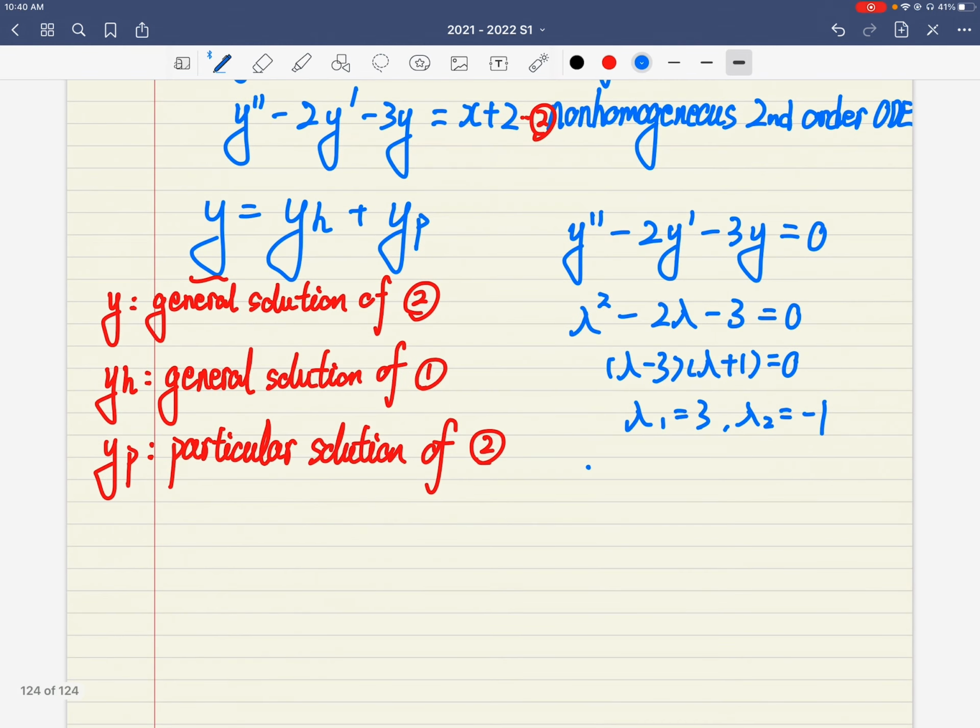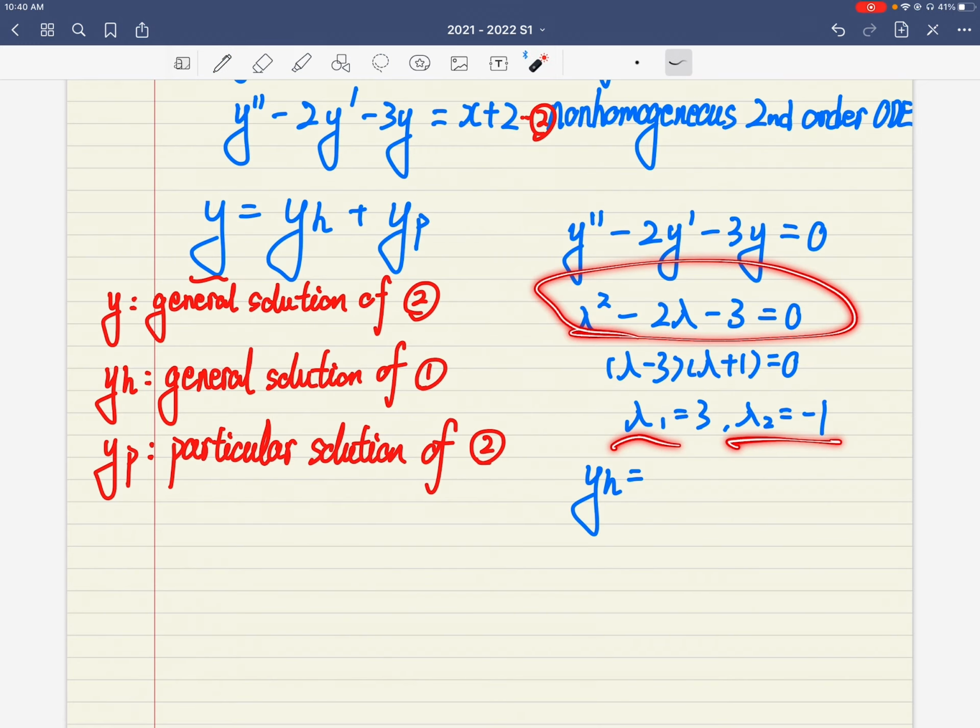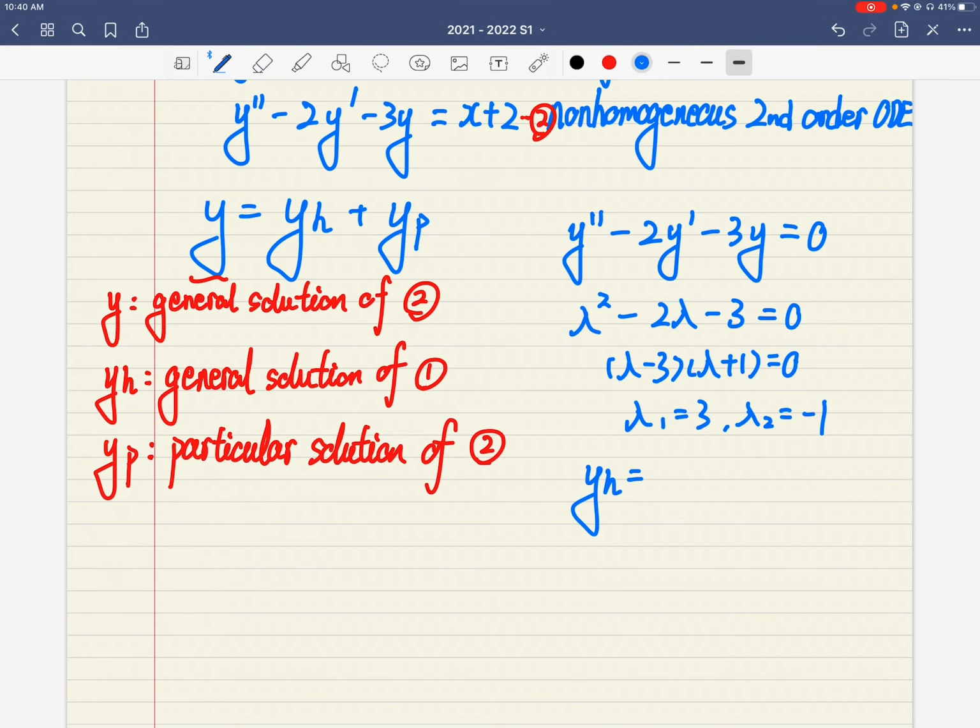So what is the general solution? Because now we have two different real solutions of the characteristic equation, the pattern of the solution would be a times e to the power of lambda 1 x, which is 3x, plus b times e to the power of lambda 2 x, which is negative x.